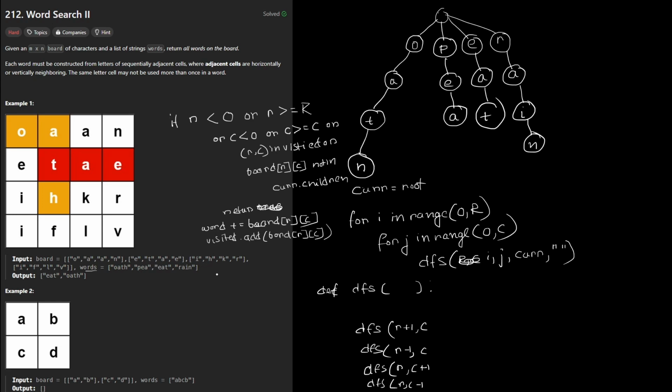And the most important part, I also have to increment cur. So cur equal to cur dot children of board of R and C. Initially my prefix was at the root. Once I do this with cur dot children, my pointer is going to point to this one at its 0th position.